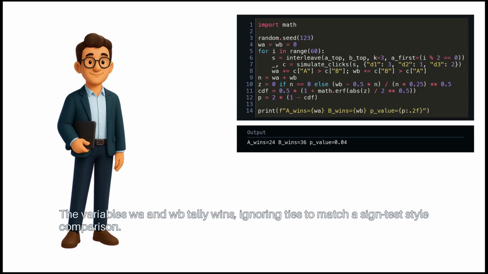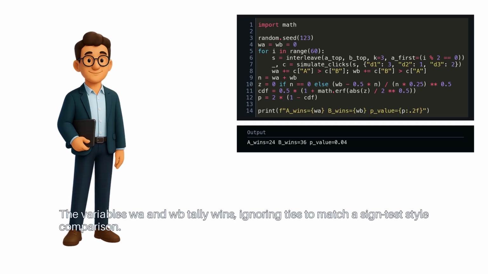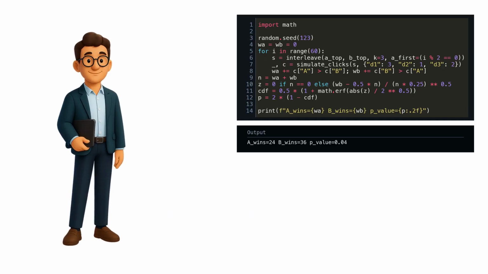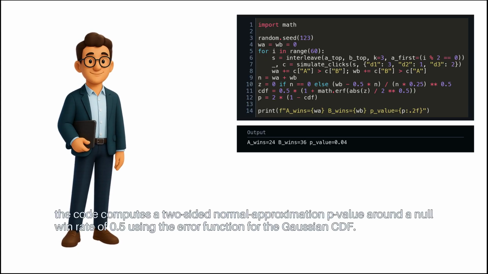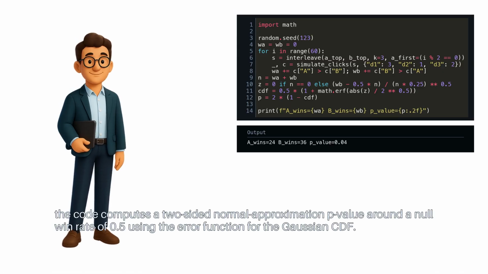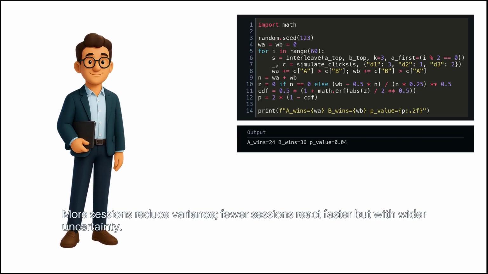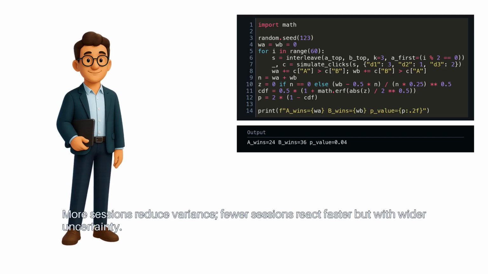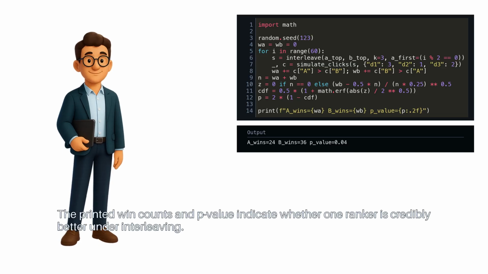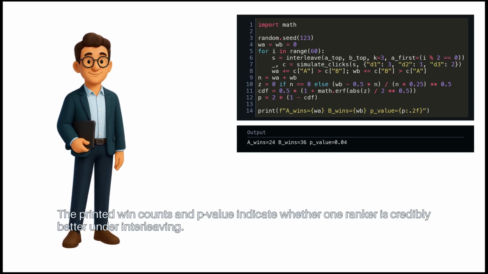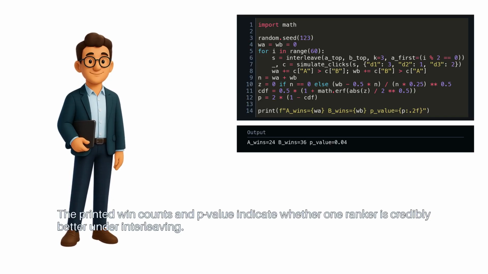The variables WA and WB tally wins, ignoring ties to match a sign test style comparison. After the loop, the code computes a two-sided normal approximation p-value around a null win rate of 0.5 using the error function for the Gaussian CDF. More sessions reduce variance. Fewer sessions react faster, but with wider uncertainty. The printed win counts and p-value indicate whether one ranker is credibly better under interleaving.